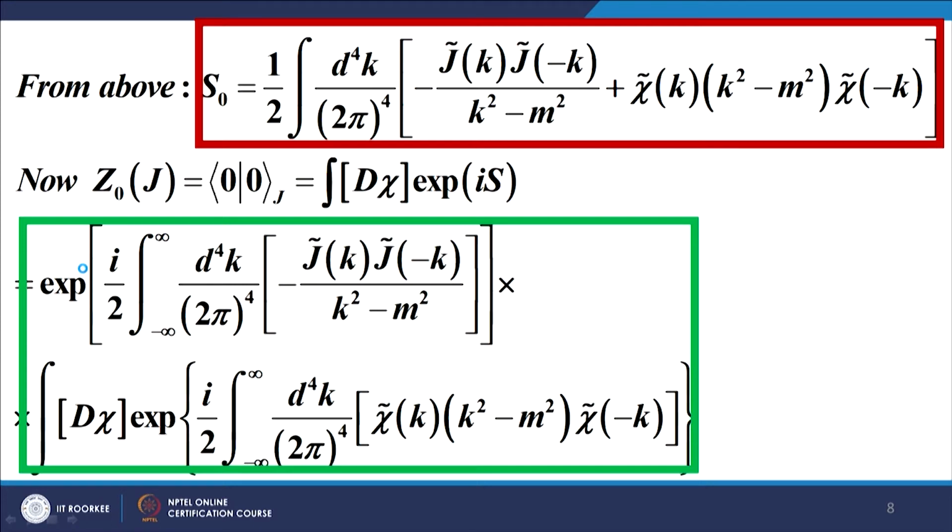Because the first term in the integrand of the action is independent of the path integration variable chi, we can take it outside the path integral and write it as a prefactor to the path integral, in the form shown in the green box at the bottom of your slide.